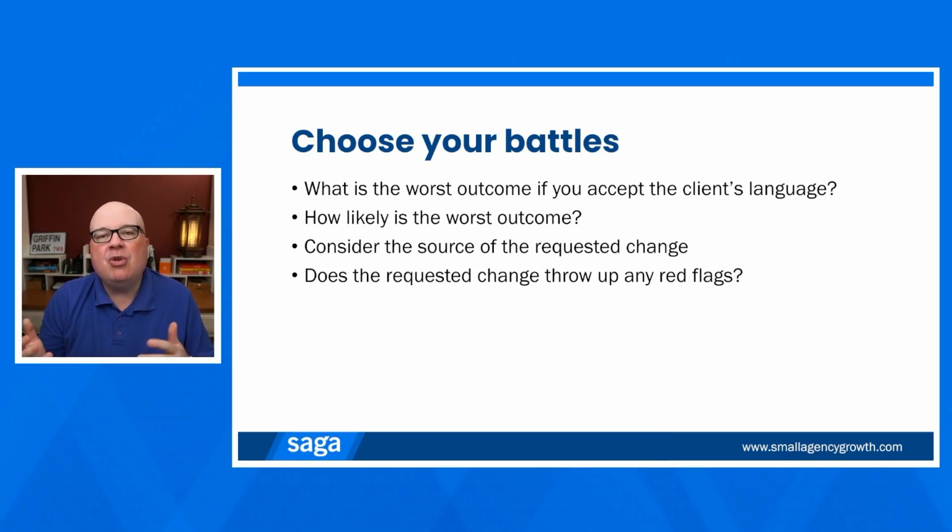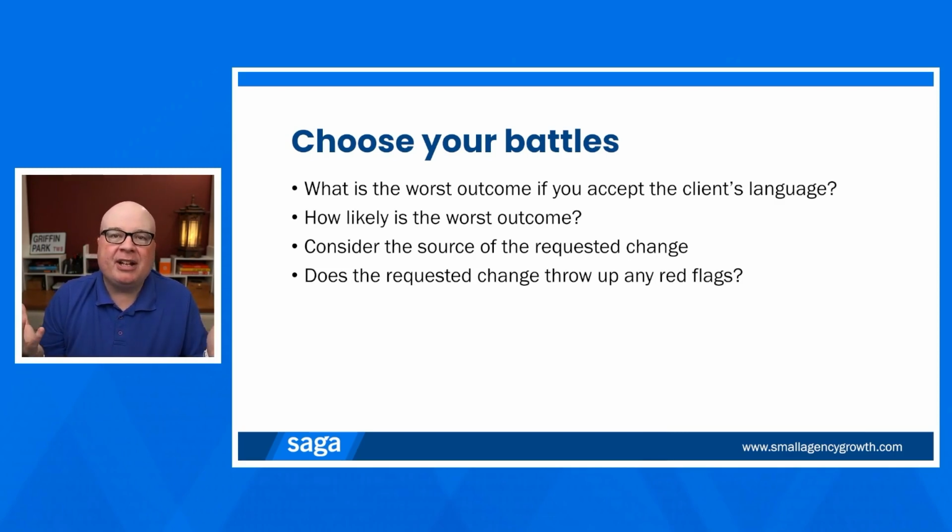And you need to consider who the source of that requested change is. In other words, is that something that the lawyer is asking for, or is that something that the client contact, the decision maker, is asking for? Because they are different. And I've worked with many agency owners who have had situations where their main client contact is fine with the terms as they're laid out, but the lawyer may not be.